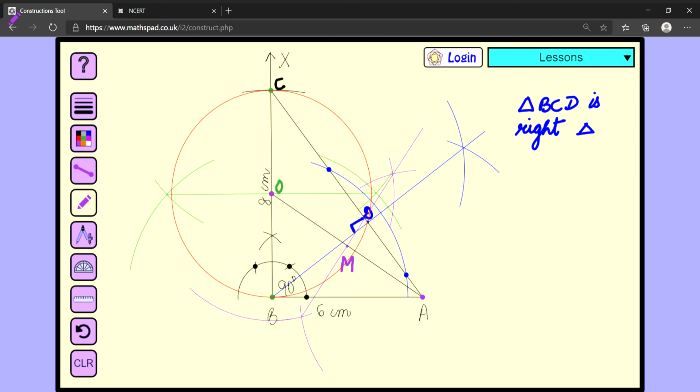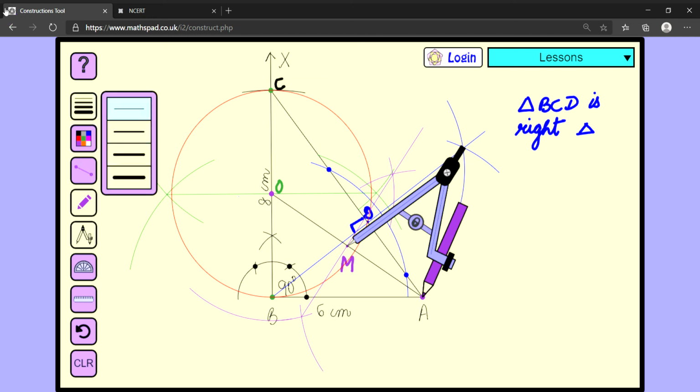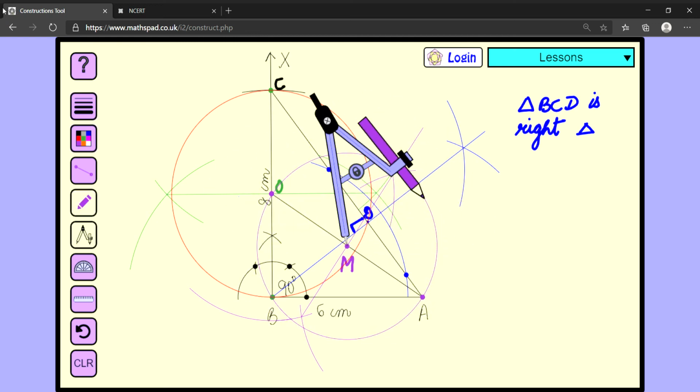With M as center and AO as diameter, I'm going to draw a circle. The point where this circle meets the orange circle will be the points of contact. Let's mark the point of contact as E, and this one's already there, point B. This is the second point of contact.